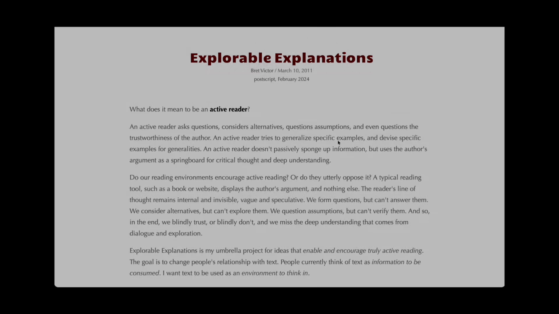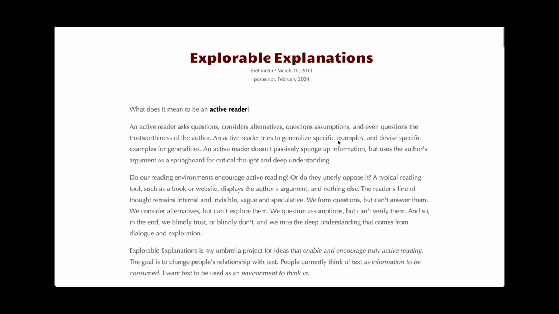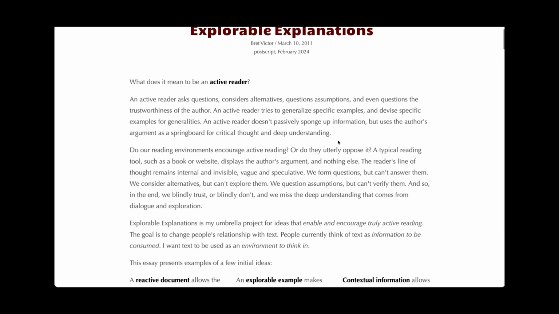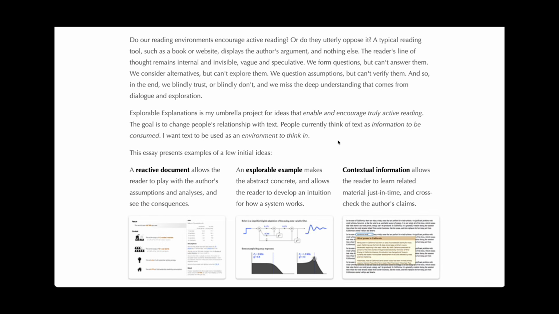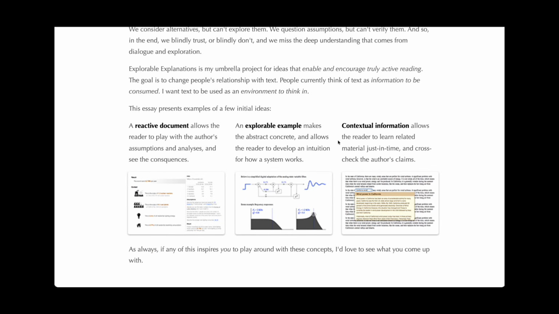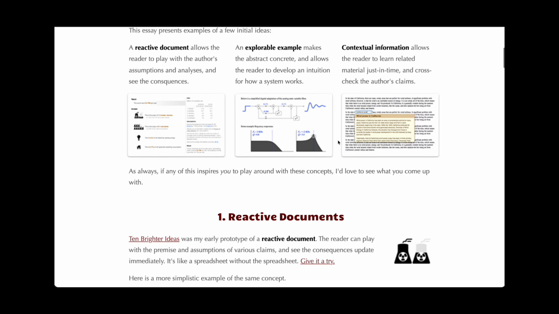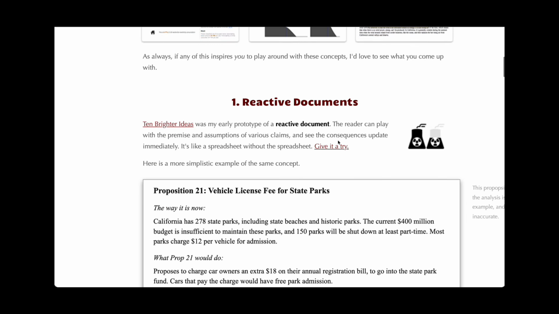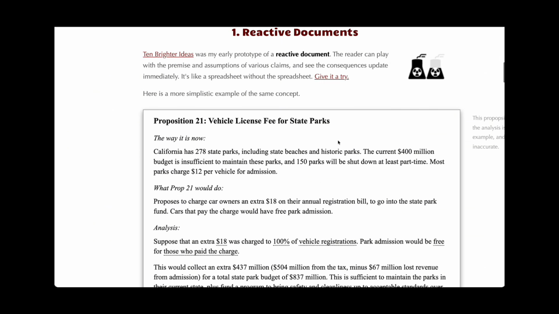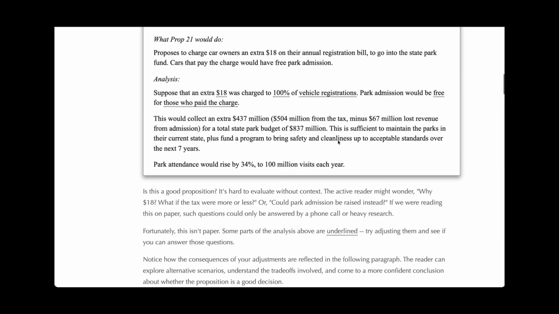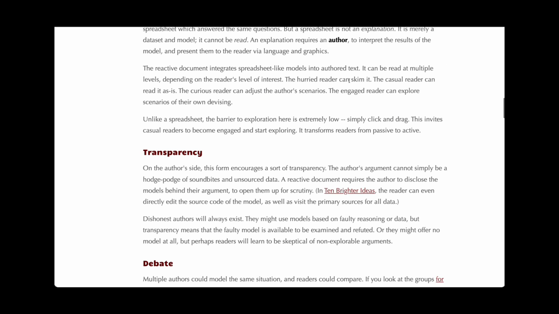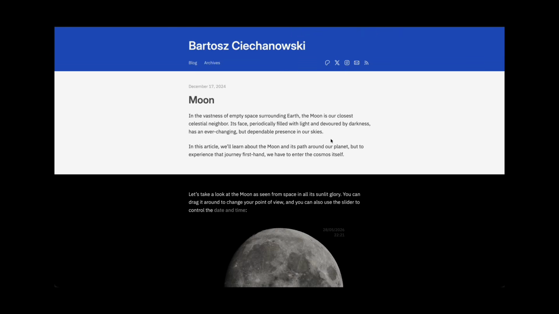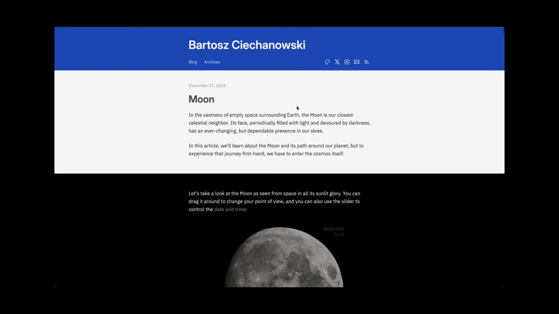There's also a related tradition worth mentioning, and it comes from Bret Victor's 2011 essay, Explorable Explanations. It argued that computers should help people learn by letting them manipulate ideas directly instead of only reading static text. This started a tradition of web-native interactive essays that has emerged through people like Bartosz Cichanowski and others.